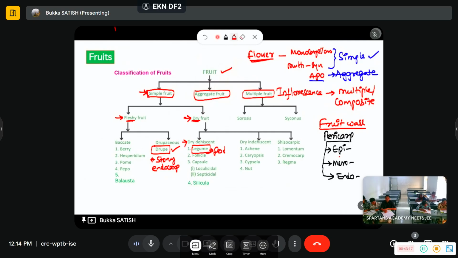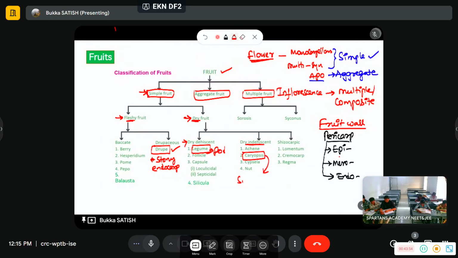Next important one, caryopsis. Simple, dry, indehiscent. It will not undergo dehiscence. Also write the description for this.